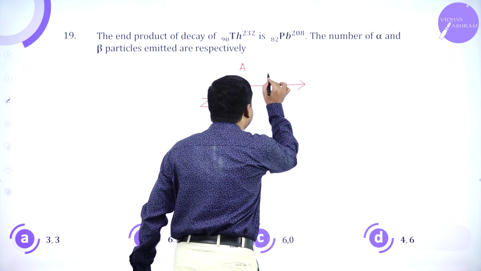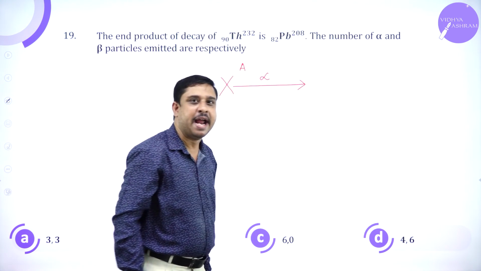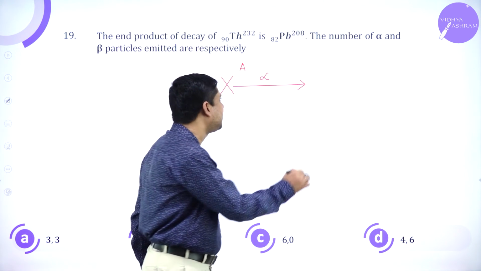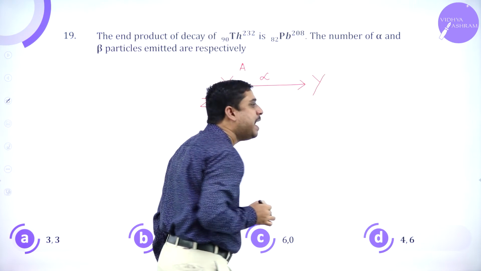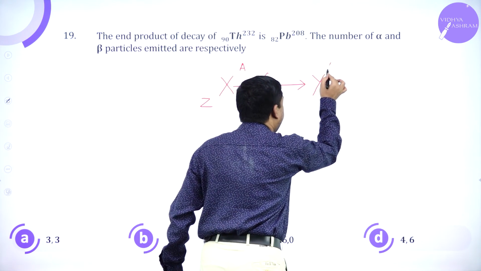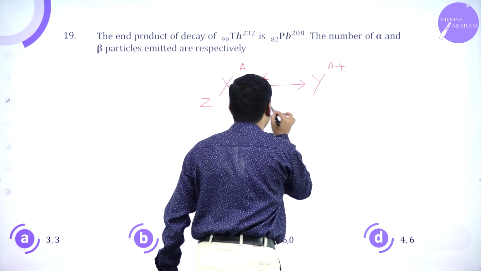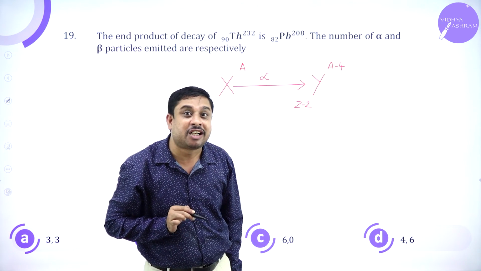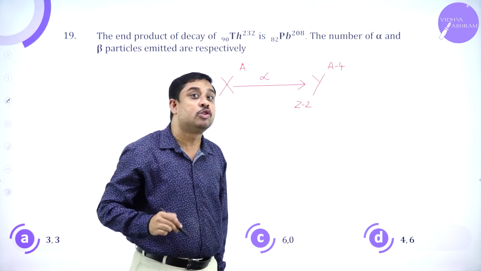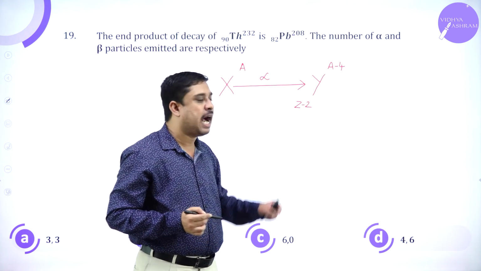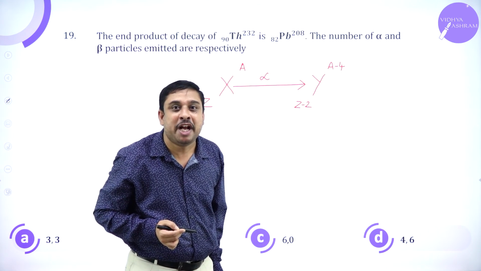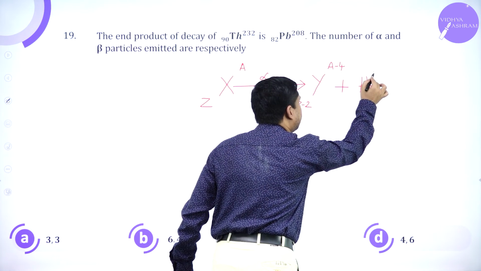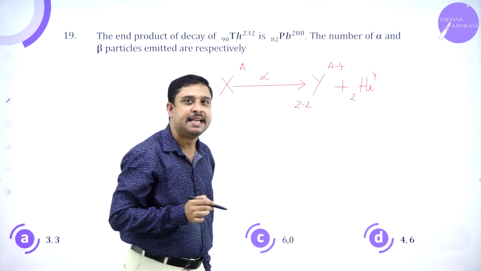If it is decaying by emitting an alpha particle, what does the standard rule say? The new element formed will have A minus 4, Z minus 2. Mass number of the daughter nucleus reduces by 4 units, atomic number reduces by 2 units, plus a helium nucleus is emitted.